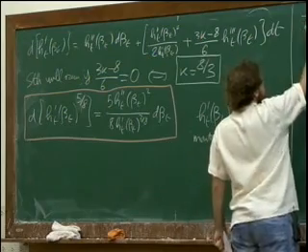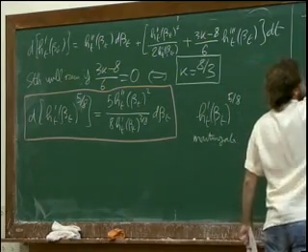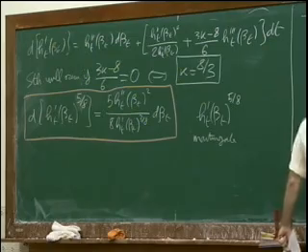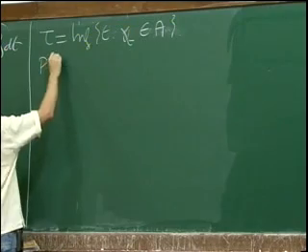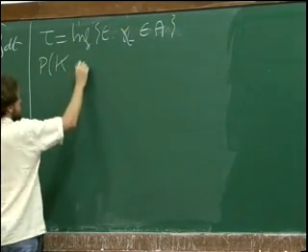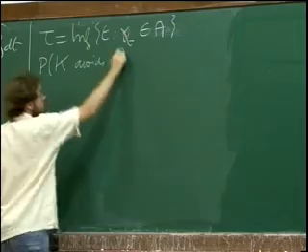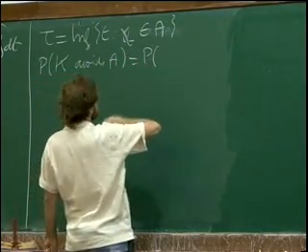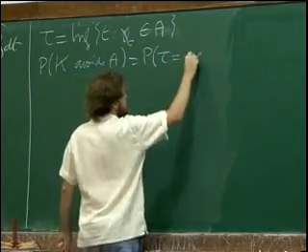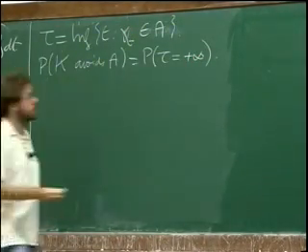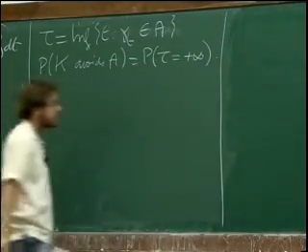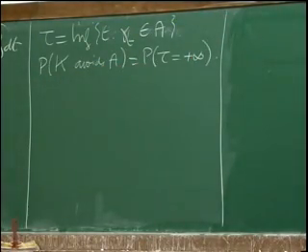So tau is the inf of t such that gamma_t is in A. And the probability that K avoids A is the probability that tau is equal to plus infinity. So I choose tau to be infinite if this does not occur. So I want to apply the stopping theorem to this martingale.